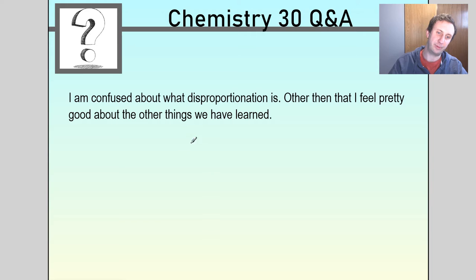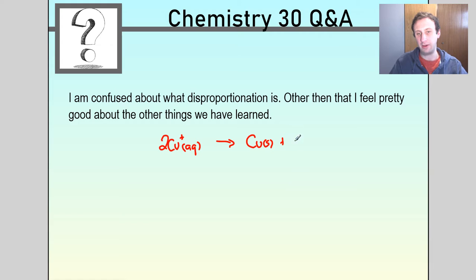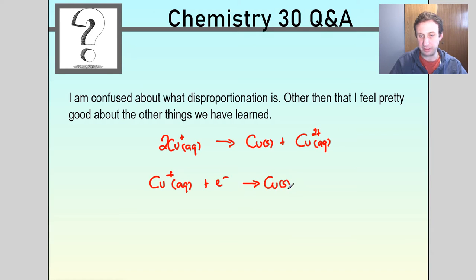So a great example is if I actually had 2 copper 1 ions, so 2 Cu positive aqueous, which reacted to make solid copper, and then also to make a copper 2 positive aqueous ion. So this is a net reaction, but what's happening here is that I actually have the reduction of copper 1 ion, so plus an electron to make copper. So that's the reduction taking place.